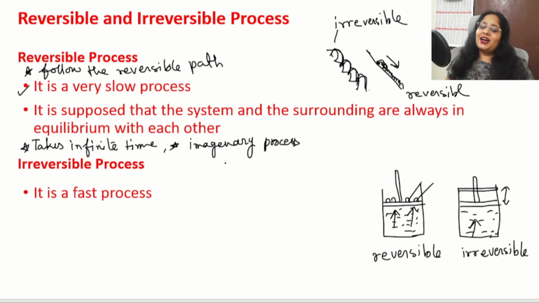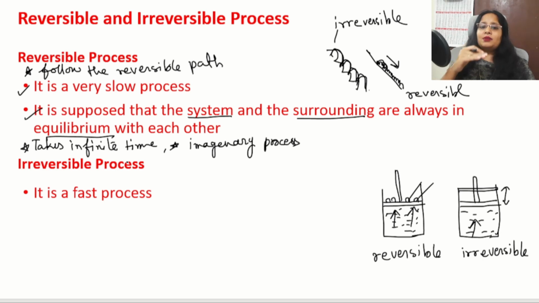So this is an imaginary kind of process, and it is supposed that the system and the surroundings are always in equilibrium with each other, because the change is so slow: a little change, then equilibrium, then a little change, then equilibrium.